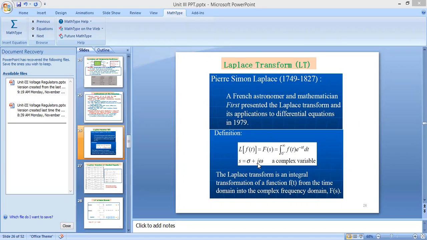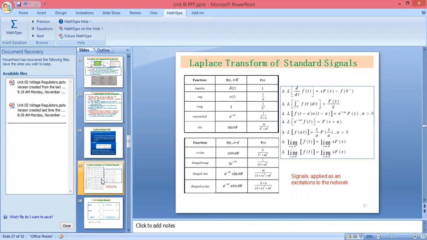We can obtain the Laplace transform for each and every function. If we take the impulse function delta of t and convert it into the frequency domain by using the Laplace transform, we get F(s) equal to 1.